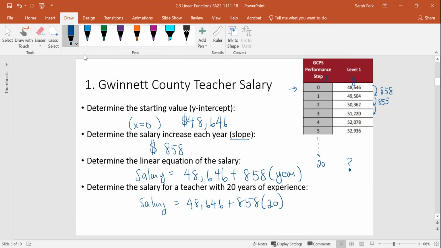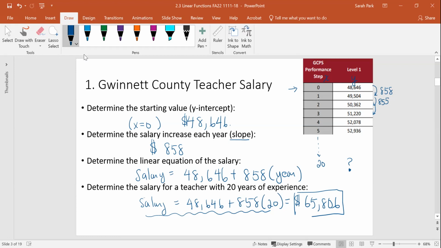We put that in the calculator, and they would be at the 20th year, $65,806. So now that we have an equation, we could calculate for any year, right? If we have this equation, and that's what linear equations are really for, to predict values at certain points.